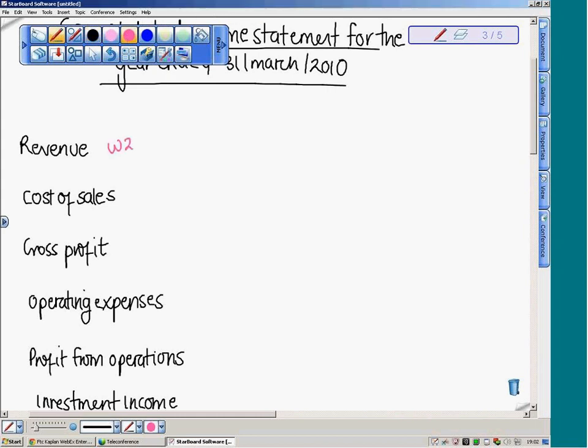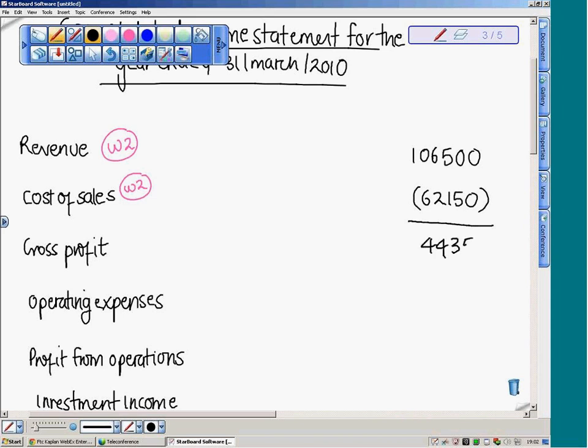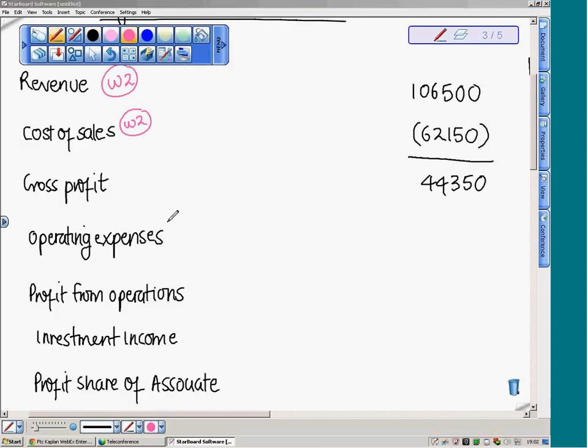Okay, so I'm going to copy across now, referencing as I go along. I'm going to copy across my cost of sales, the 62150. Give me gross profit of 4450. Expenses reference back to working 2, and that was the 2600.